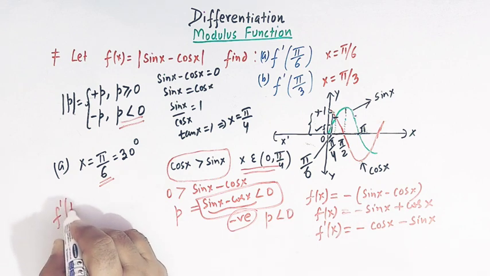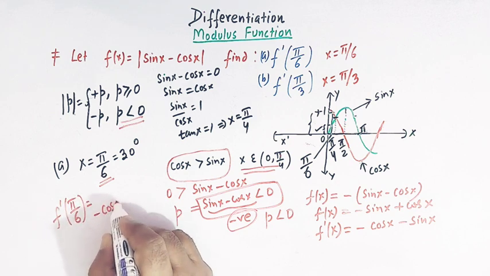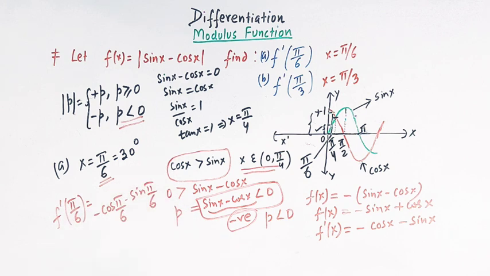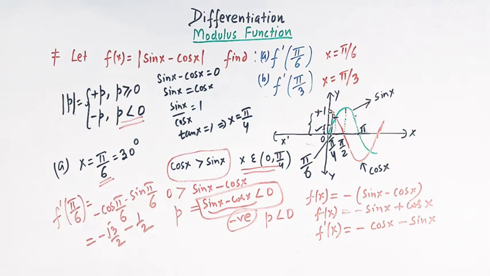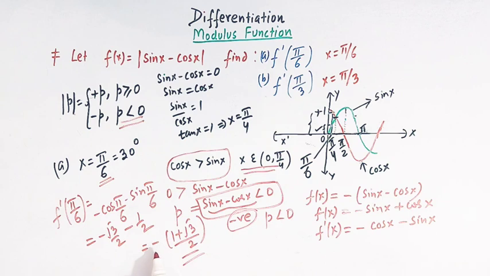So we get f prime of pi by 6 is equal to minus cos pi by 6 minus sine pi by 6, right? So cos 30 degrees is root 3 over 2, and sine 30 degrees is half. So this is minus 1 plus root 3 over 2, so the value of f prime of pi by 6 is equal to negative of 1 plus root 3 over 2.